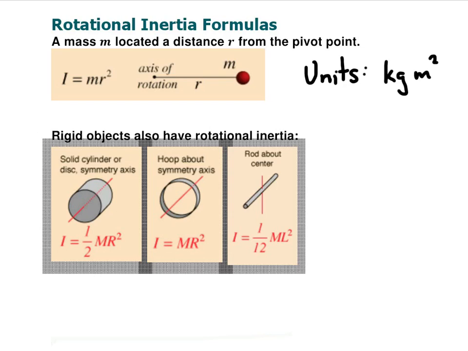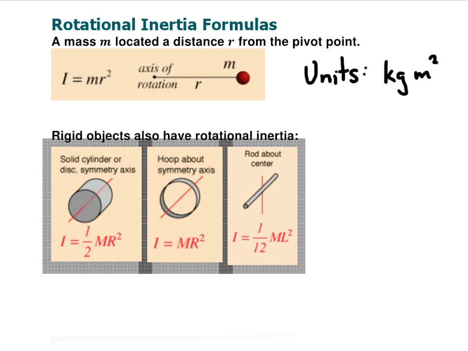You could actually use this formula to calculate its moment of inertia and figure out how hard it is to rotate. You can also calculate the rotational inertia of hoops and rods and all sorts of other different shapes.